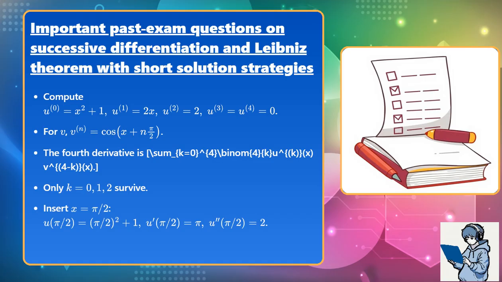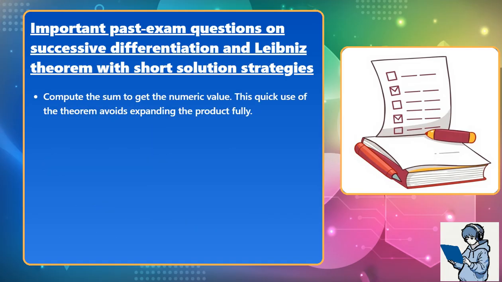U double prime of pi over 2 equals 2. Evaluate the cosine terms. V superscript 4 equals cosine x, v superscript 3 equals sine x, v superscript 2 equals negative cosine x, v superscript 1 equals negative sine x. Compute the sum to get the numeric value. This quick use of the theorem avoids expanding the product fully.